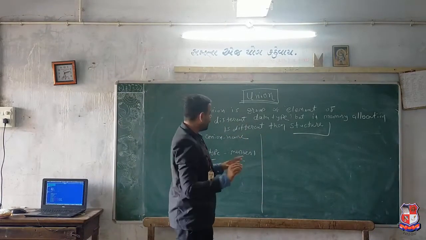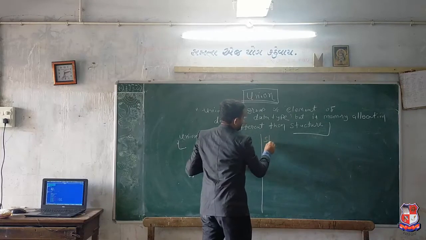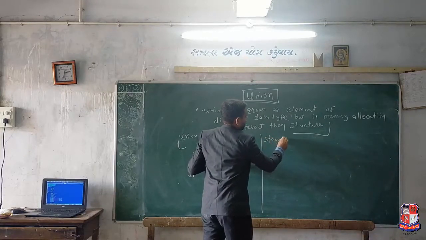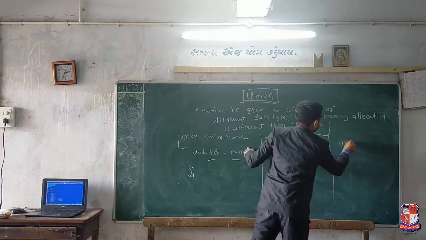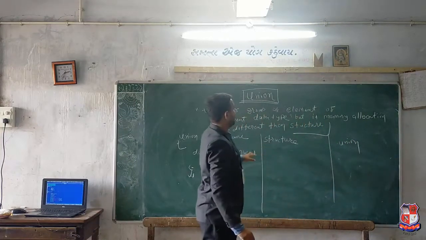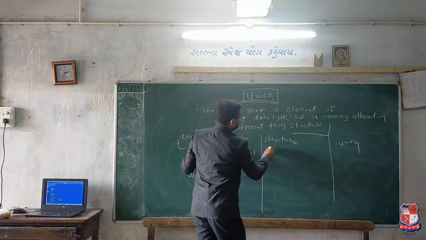Suppose there is one example, structure and union. Here we see there are 3 members.